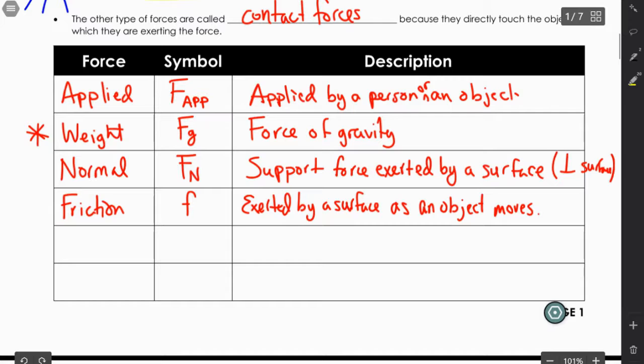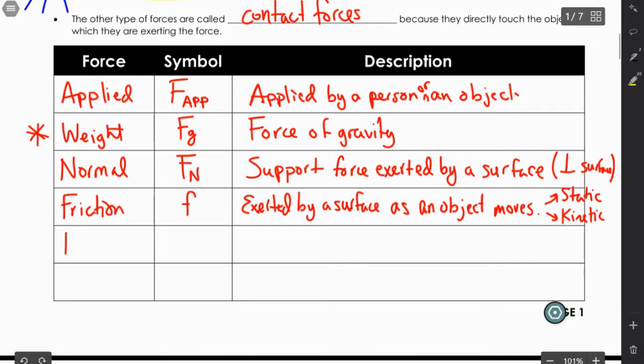We're going to talk about it further, but there's two types: static friction and kinetic friction. Even though the word static means not moving, that's the force that you have to overcome to begin to move. If you're sliding something or pushing something, there's that slight tug before it actually begins to move. That tug is the overcoming of static friction.